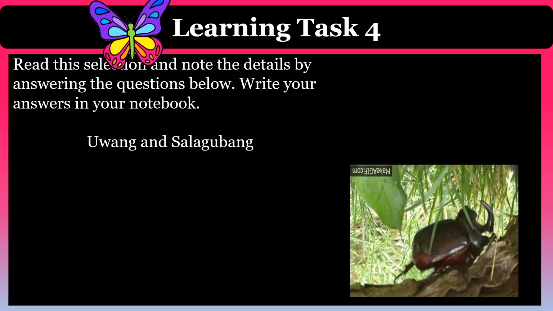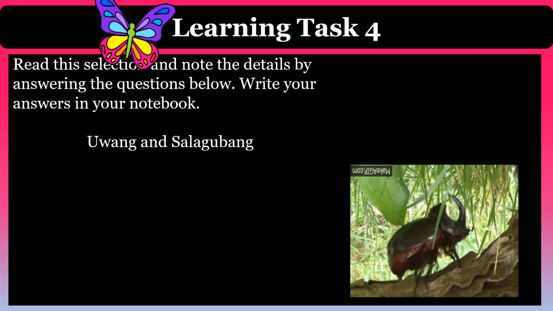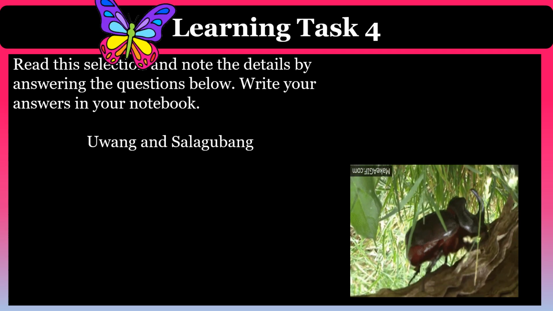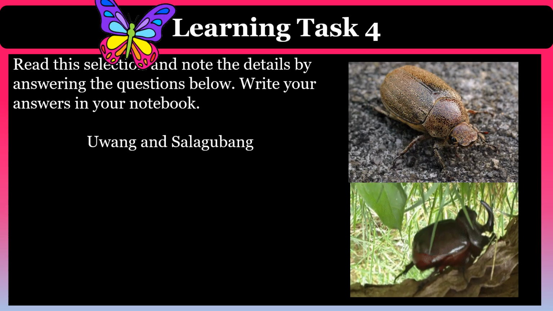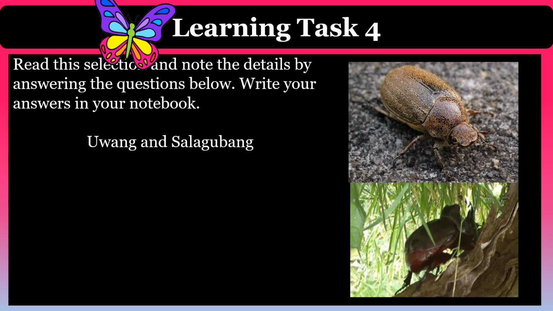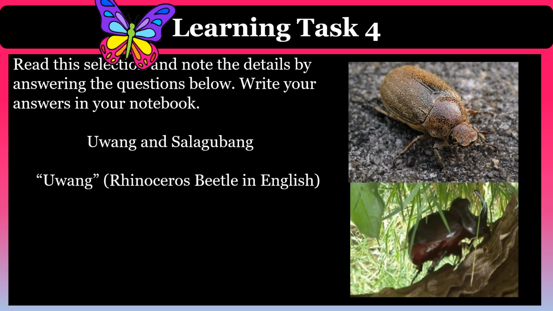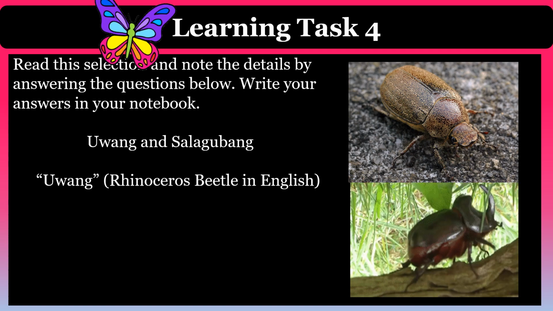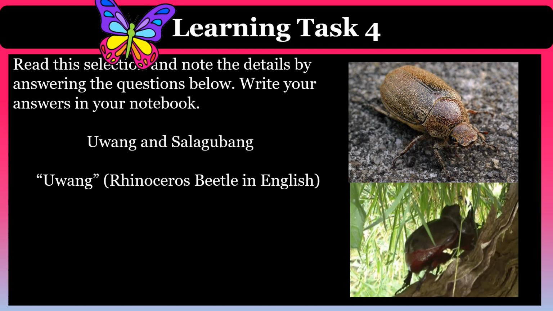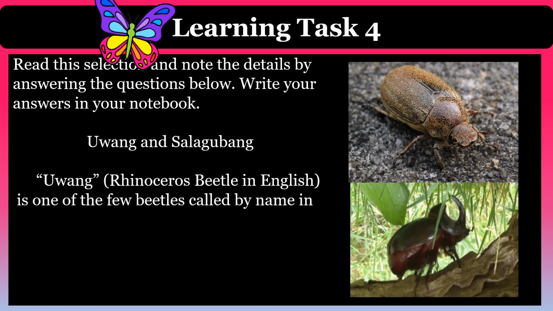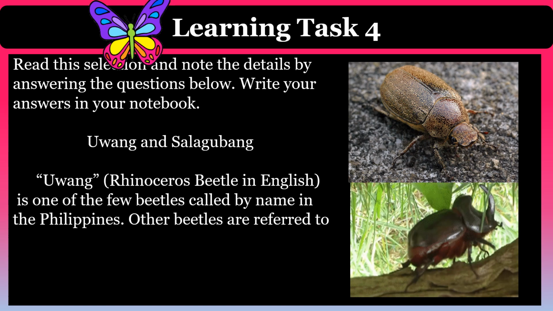It's uwang and salagubang. So this one, the moving picture here, is the uwang. And the second one, on top of the picture, is the salagubang. Uwang, or rhinoceros beetle in English, is one of the few beetles called by name in the Philippines.